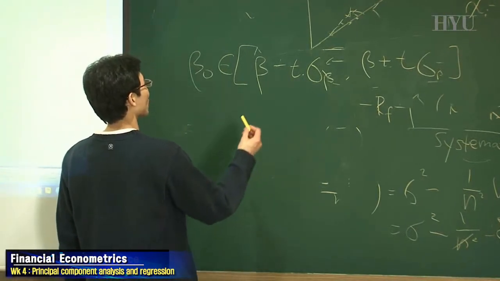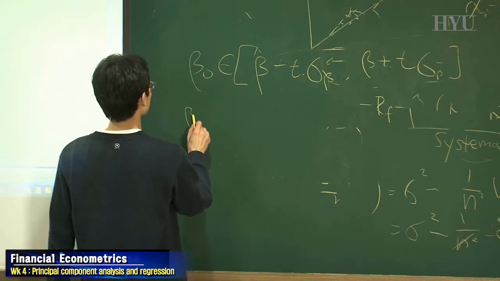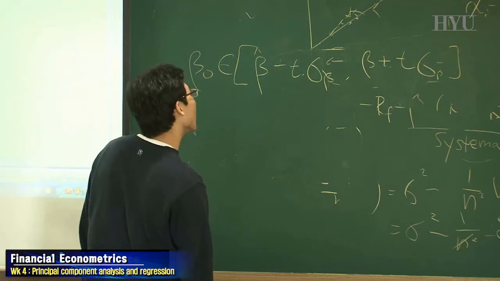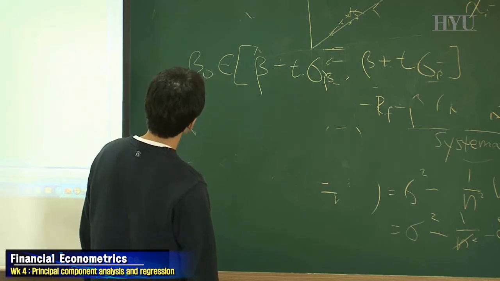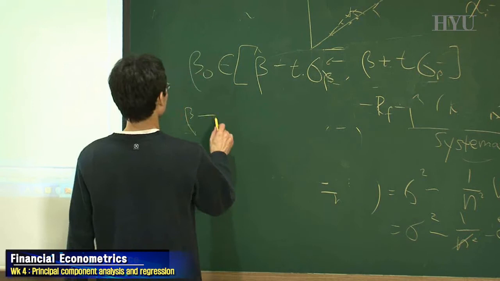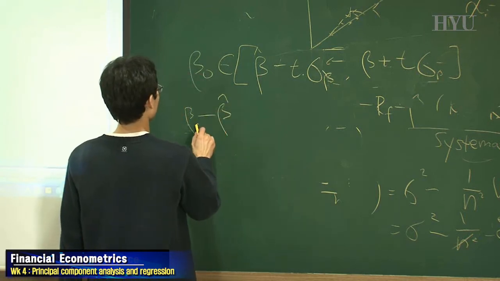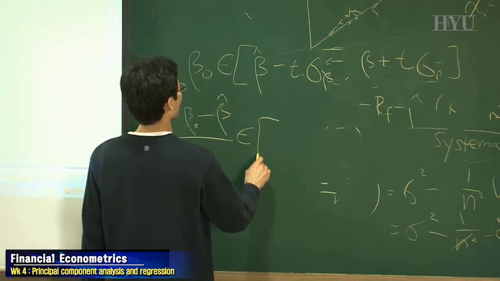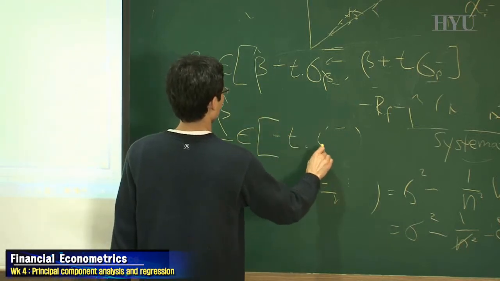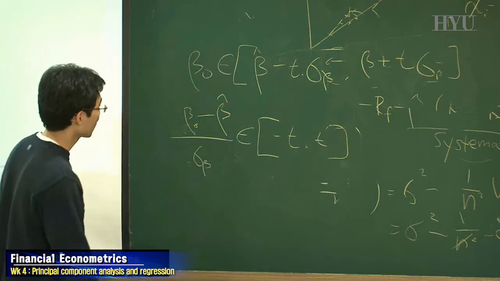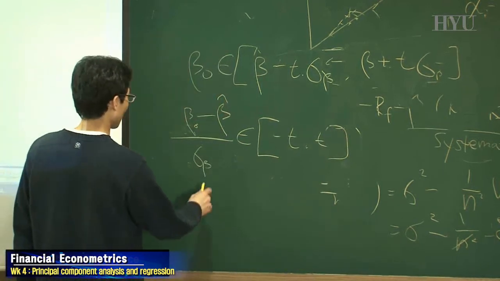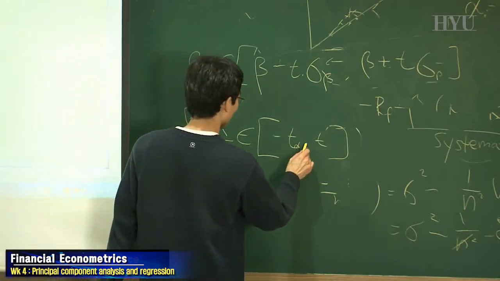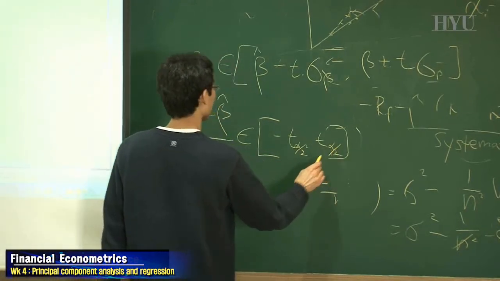If we subtract beta from each side and multiply by minus, then it is the t value.